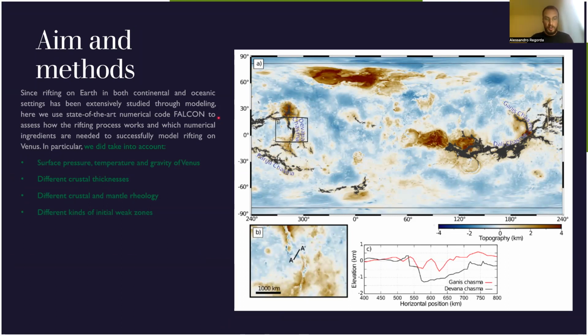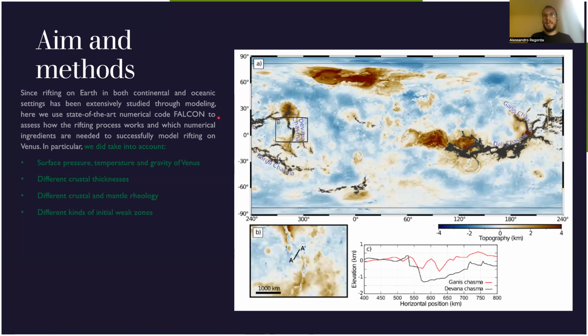So just to briefly introduce this problem, in modeling rifting on Earth, initially weak zones are used to simulate heterogeneities in the lithosphere by introducing some areas characterized by lower viscosities.